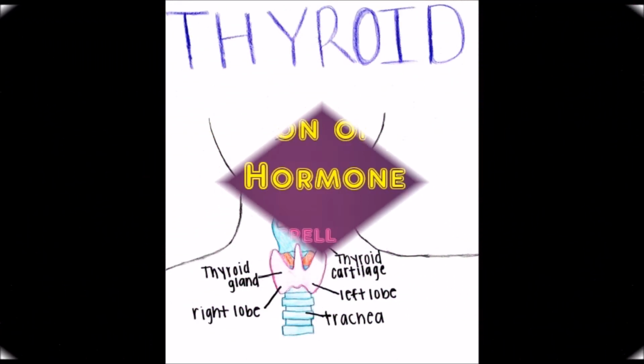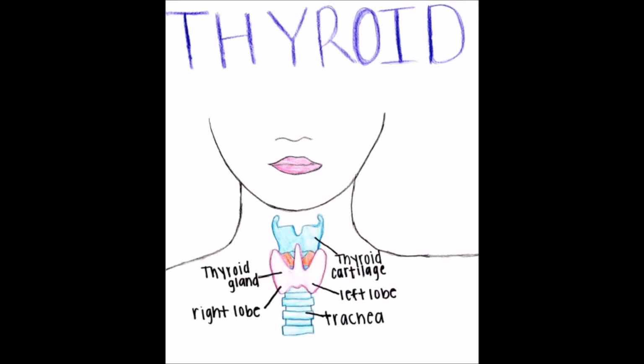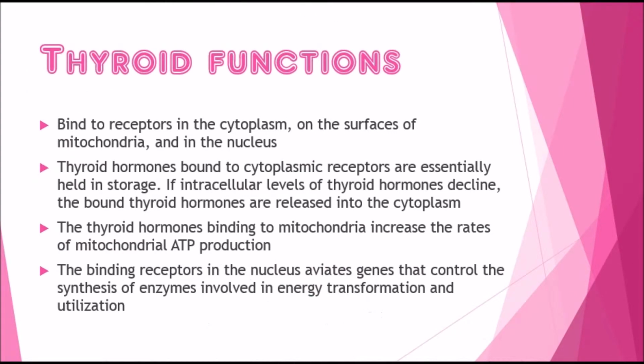The thyroid gland lies inferior to the thyroid cartilage of the larynx. The thyroid has several functions. Thyroid hormone binds to receptors in the cytoplasm, on the surfaces of mitochondria, and in the nucleus. Thyroid hormones bound to cytoplasmic receptors are essentially held in storage.